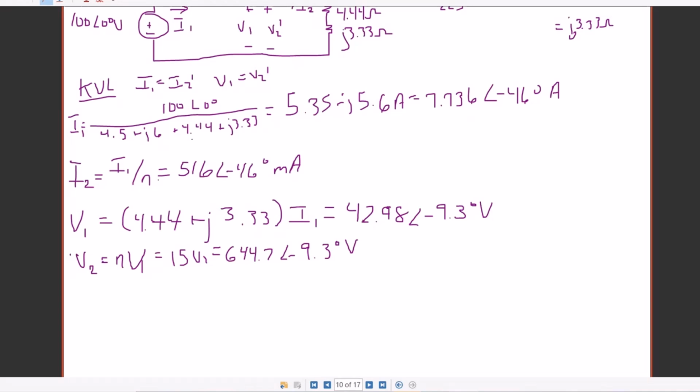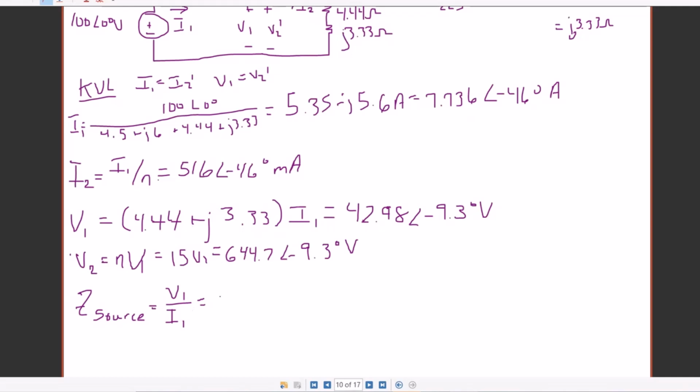Okay, so now we need to find the impedance seen by the source. The impedance seen by the source is just the sum of all of the impedances we got when we reflected. But there was a homework question you guys had to do about this one time. If you wanted to do this without doing the reflection, you would just do V1 over I1.